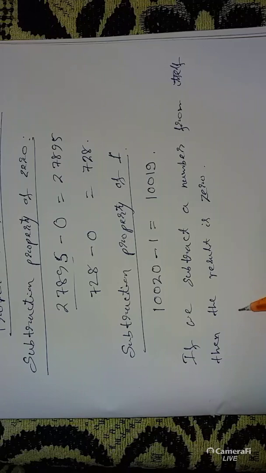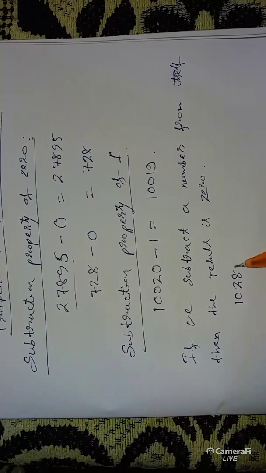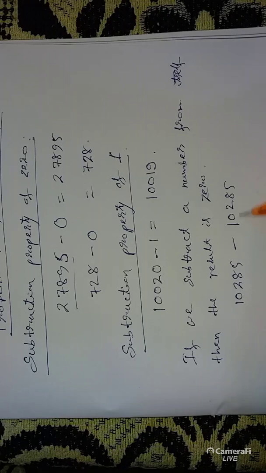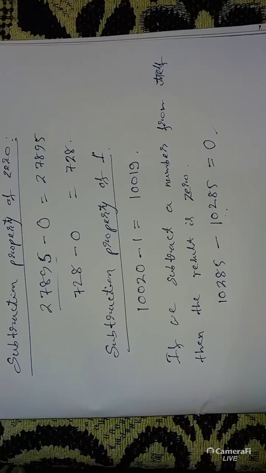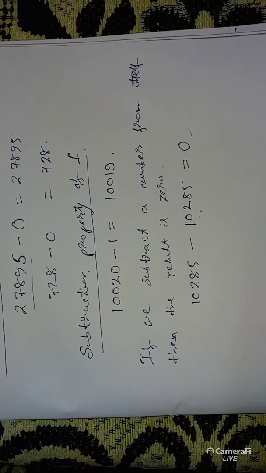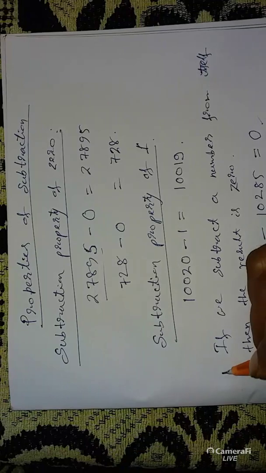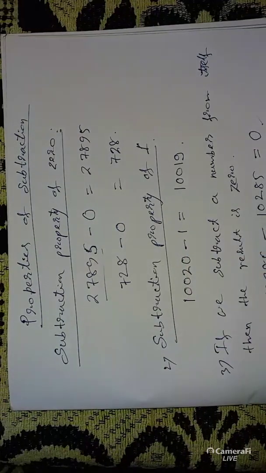For example, suppose we are subtracting this number, the same number. So, 10,285 is subtracted from 10,285. So, the result becomes 0. That is, the difference of two same numbers is always 0. Okay. So these are the main three properties we have discussed: property 3, property 2, and this is property 1.